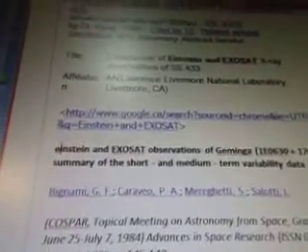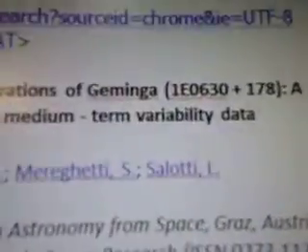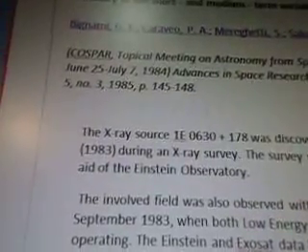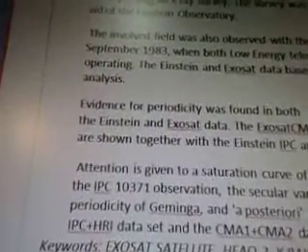Fix this before I forget. There's that. Summary of short, medium term variability. Okay, I don't know what all this is, a bunch of stuff that came up here. So the X-ray source was discovered during an X-ray survey. The survey was conducted with the aid of the Einstein Observatory. The involved field was observed with the EXOSAT satellite in September 1983 when both low-energy telescopes were still operating.